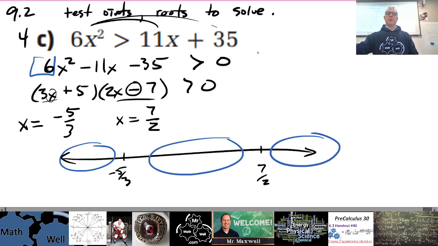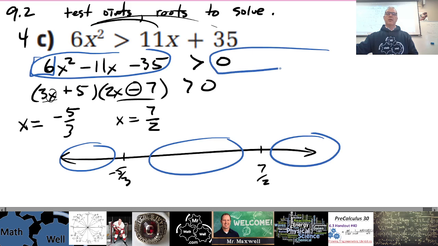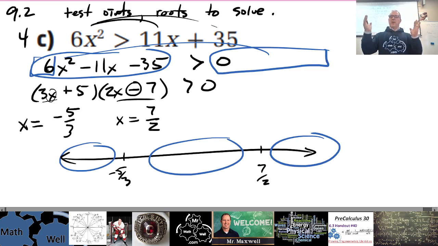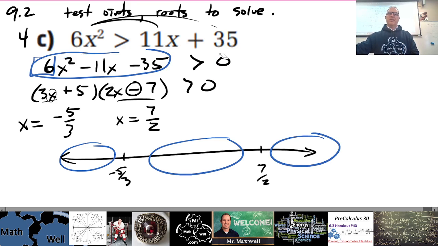But if I flip it over and write all these terms on the other side, everything becomes negative. I would have negative 6x squared plus 11x plus 35. So does it open up or down? That's a good question.